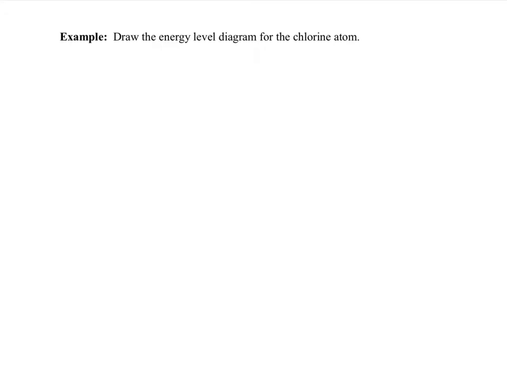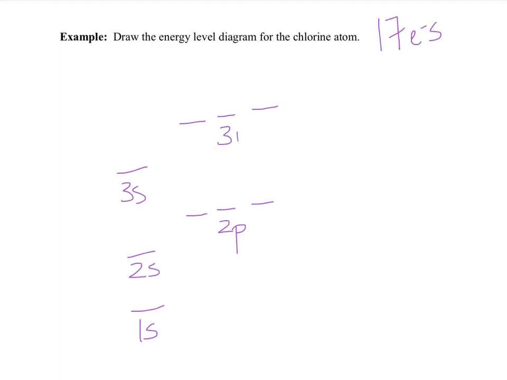So let's start for chlorine. Chlorine has 17 electrons, so we're going to put those electrons into the orbitals, starting at the bottom with 1s, followed by 2s, then 2p, 3s, and 3p, and so on, and we'll figure out if we need any more.